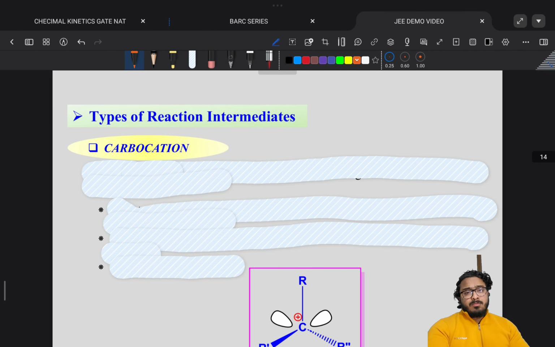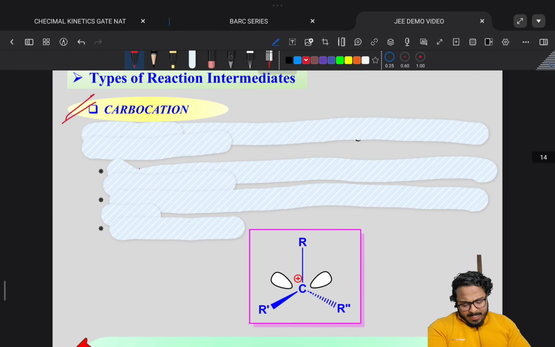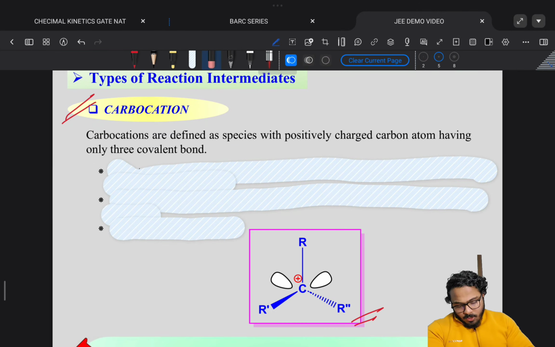Okay, now let's move to the carbocation section. So what is called carbocation? As you can see, this is the basic skeleton of carbocation. Okay, let's review. Carbocations are defined as species with a positively charged carbon atom having three covalent bonds.